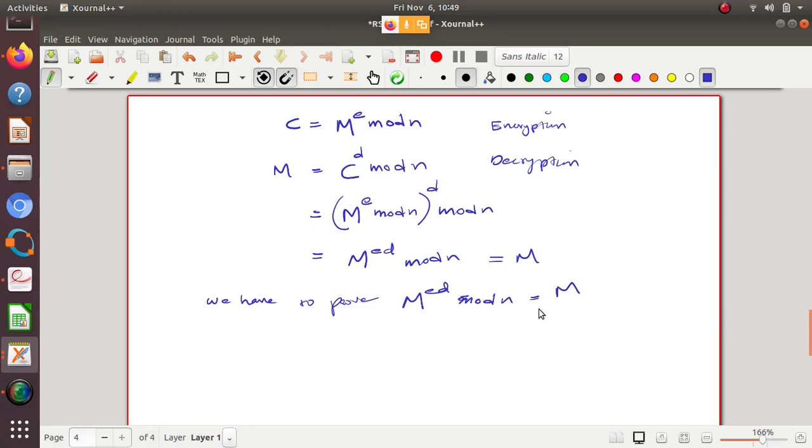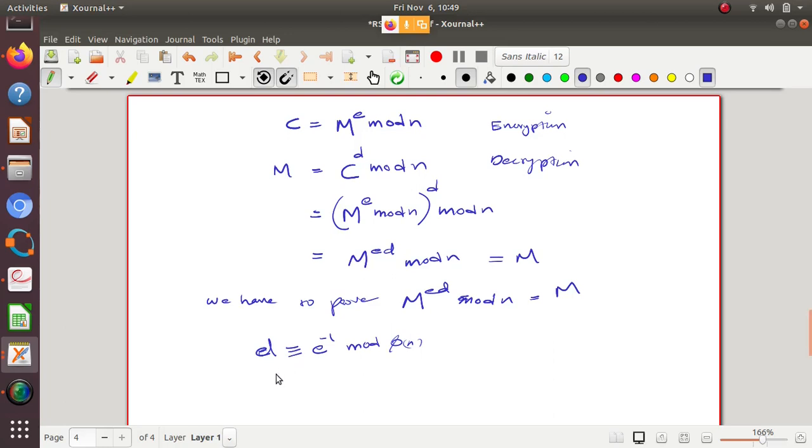This is our requirement. Okay. And one more thing, we know that d is congruent to e inverse mod phi of n.